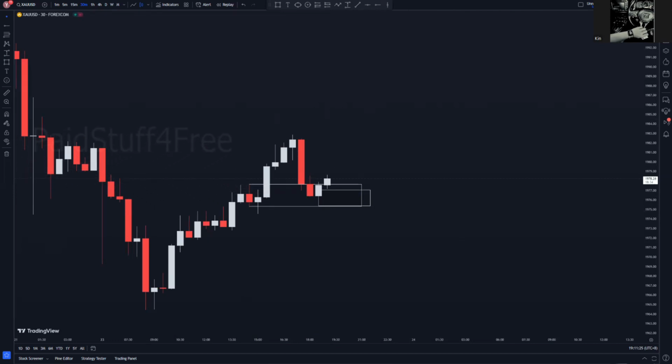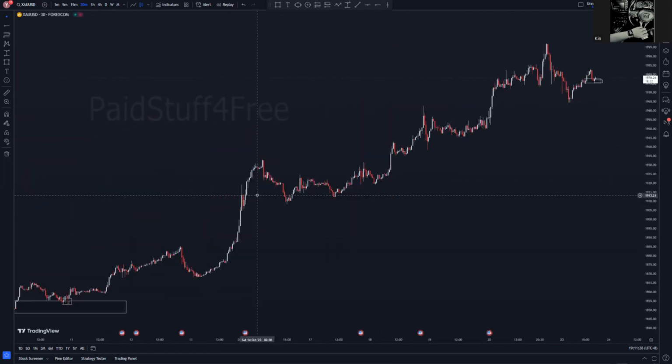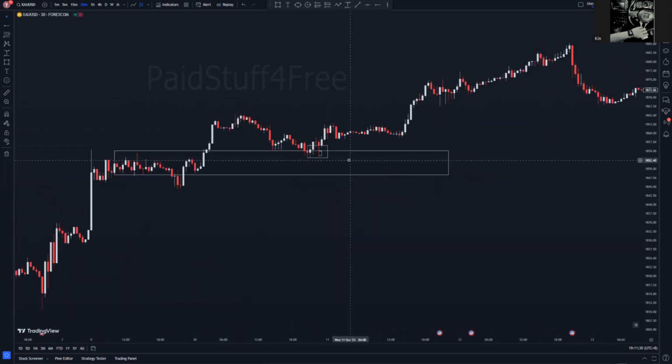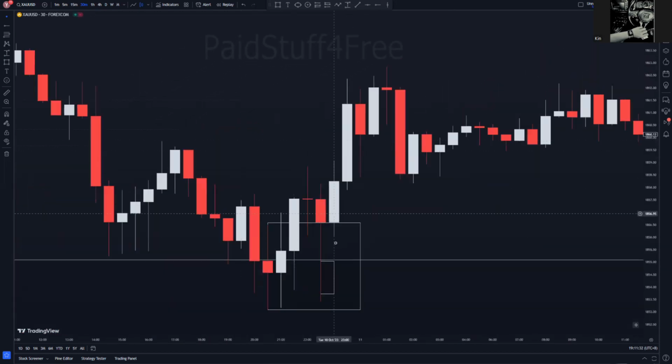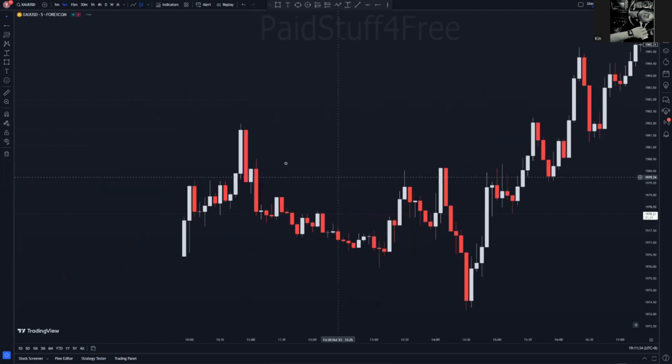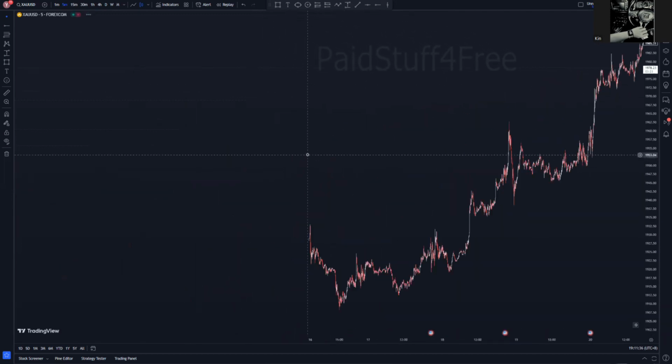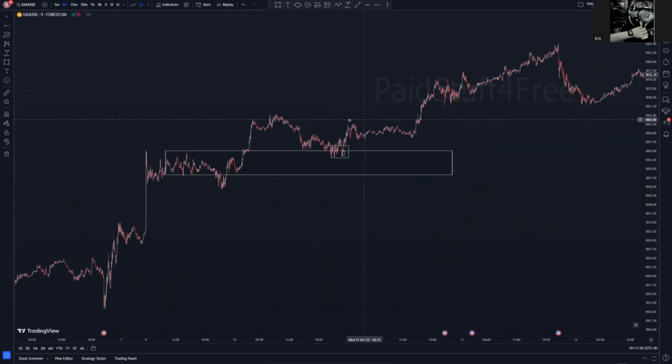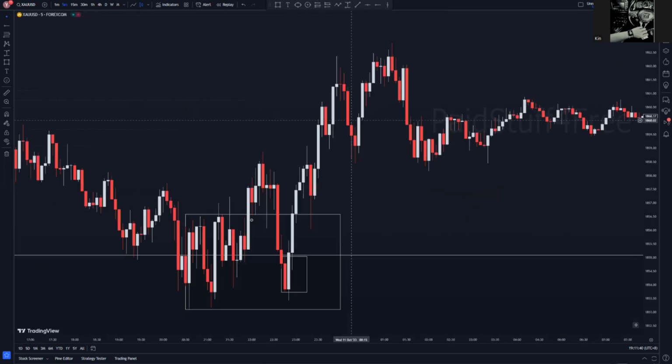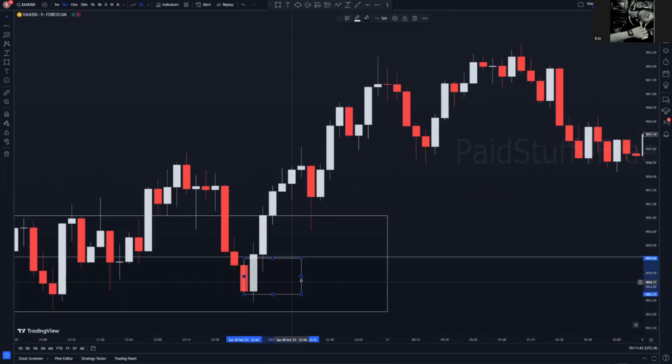Please repeat the CE at the last example. When the price gets into the M30 zones, we have this M5 EG buy. From this M5 EG buy, we can take the buy somewhere around here.